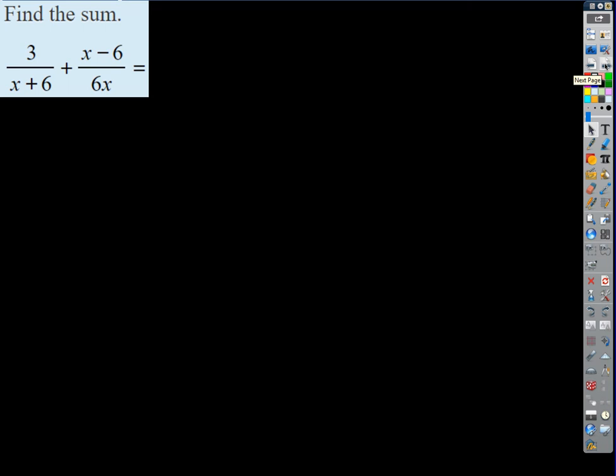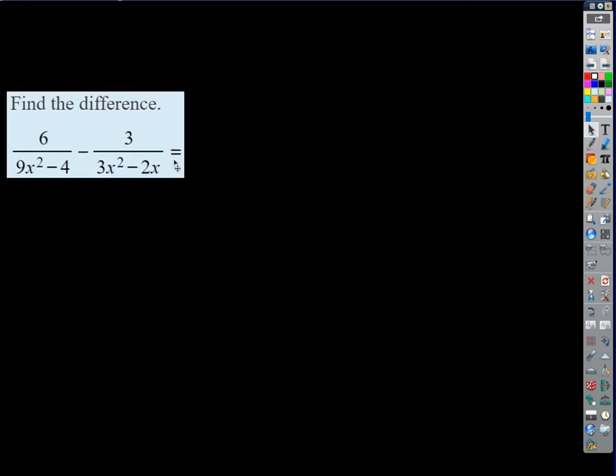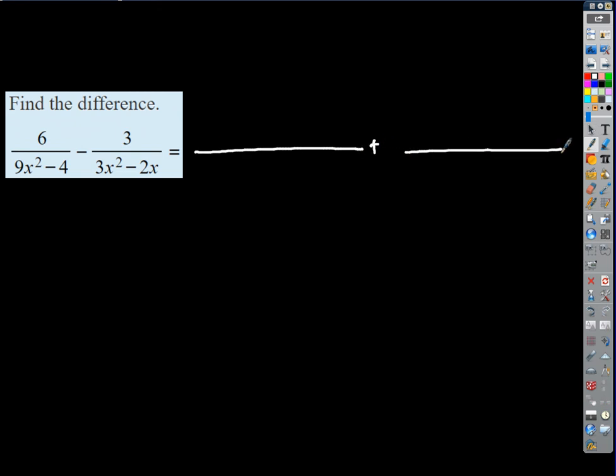Okay, let's do a little harder one. Fine. Let's do that one. First fraction, on top I get a 6. What about the bottom?